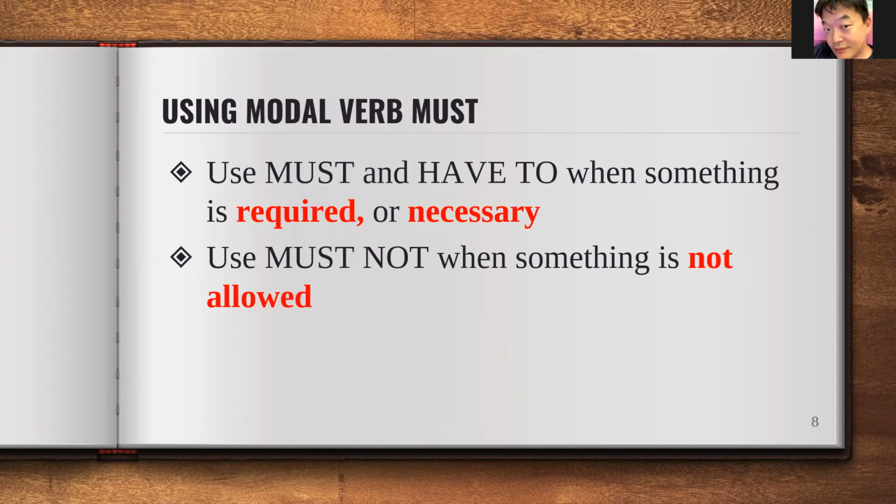Okay, when something is prohibited, is not permitted. For example, you must not park here. You must not bring children. Okay, so when the idea is something is not allowed, something is not permitted, you use must not.